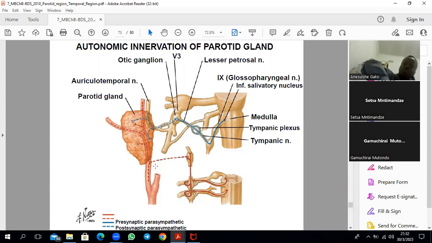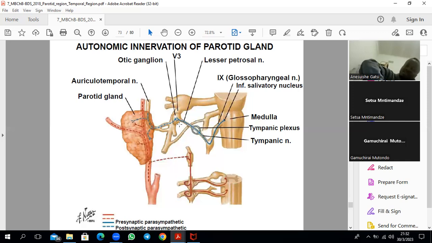It pierces the floor of the middle ear, goes and ramifies on the medial wall of the middle ear to form the tympanic plexus. Then the tympanic plexus would form the lesser petrosal nerve that pierces the anterior wall of the middle ear, gains access to the middle cranial fossa, passes through the foramen ovale in the roof of the infratemporal fossa to gain access to the infratemporal fossa, where it synapses on the otic ganglion.